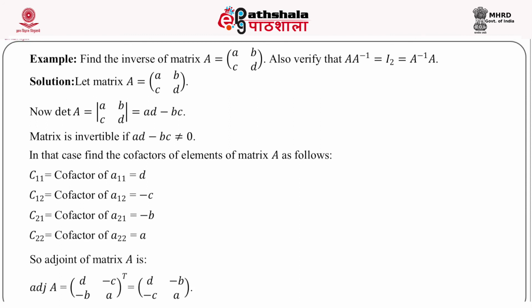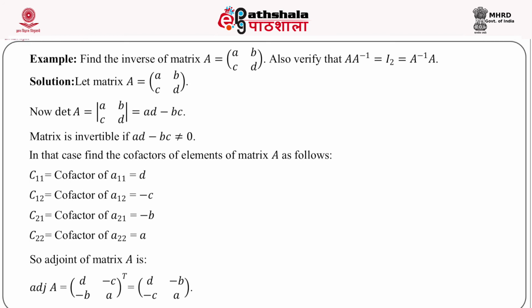That means AD minus BC must be non-zero. Let us suppose that AD minus BC is non-zero. In this case, find the cofactors of elements of matrix A as follows. So C11 will be D, C12 will be minus C, C21 will be minus B, and C22 will be A.